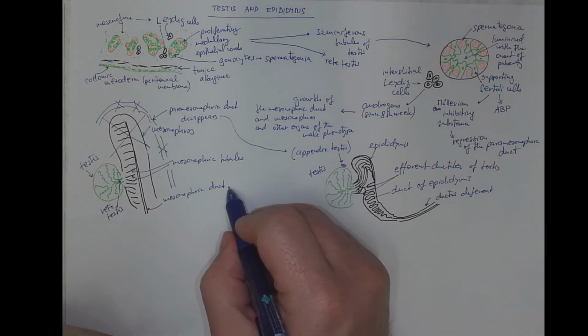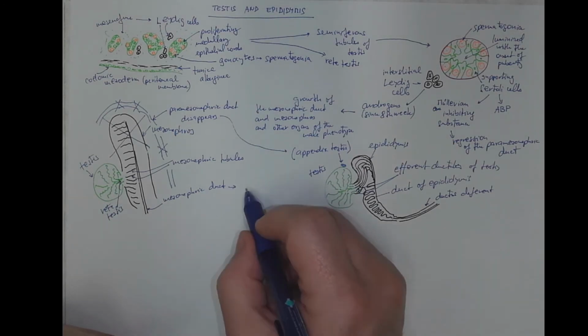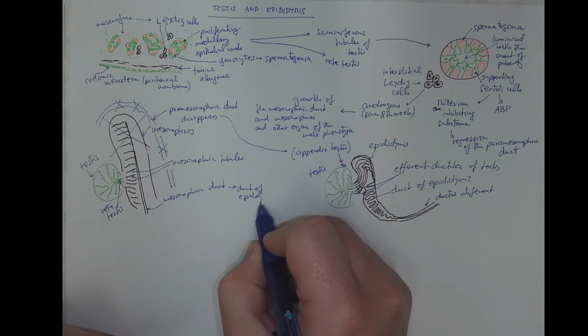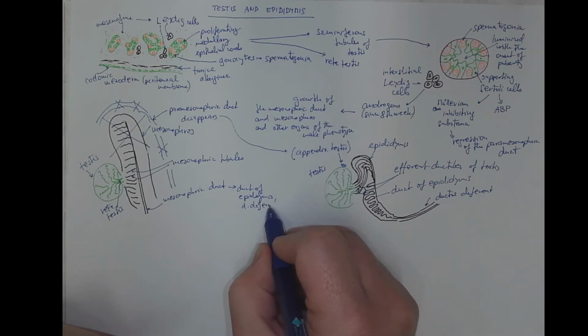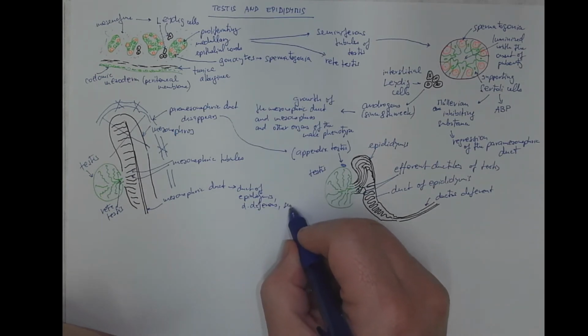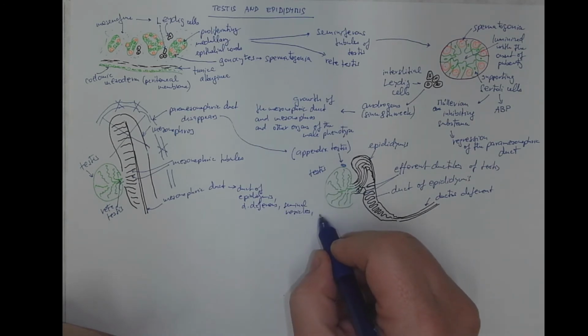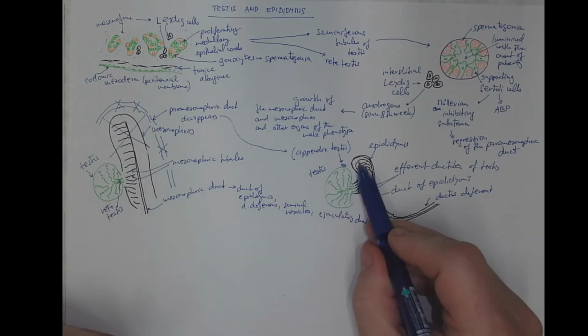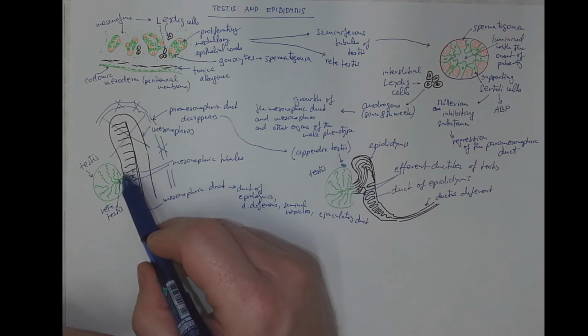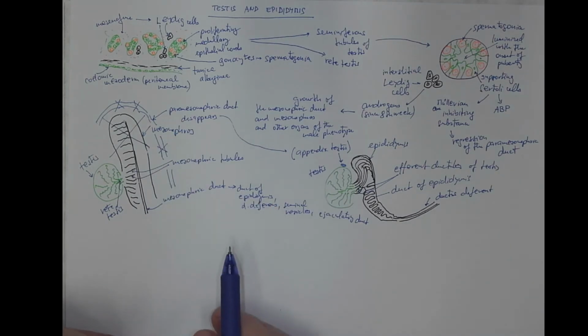So the mesonephric duct forms the duct of epididymis, the ductus deferens, and also seminal vesicles and the ejaculatory duct. Epididymis is therefore the surviving lower part of the embryonic mesonephros.